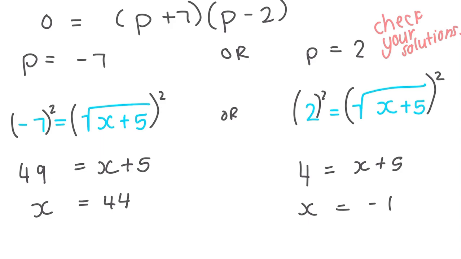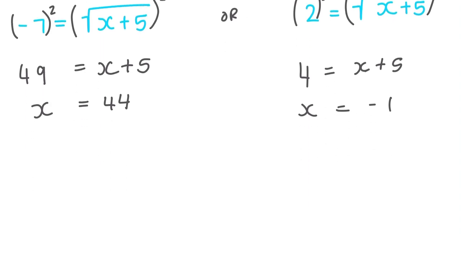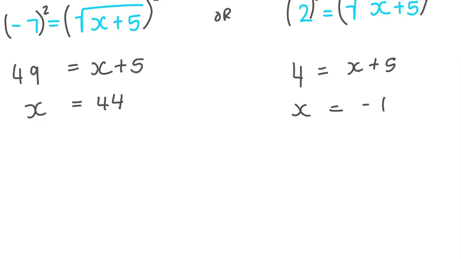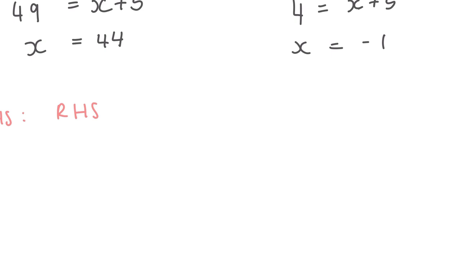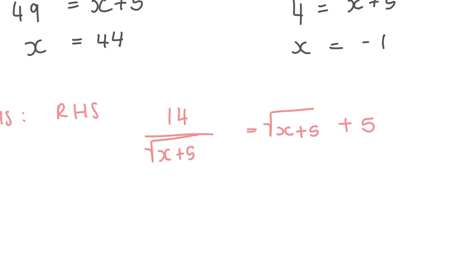So if we go and do that, we're trying to say what is the left-hand side versus the right-hand side. When we use the normal equation that they gave us, that 14 over the root of x plus 5, so that's just the question that we were given, I'm just rewriting it, plus 5.